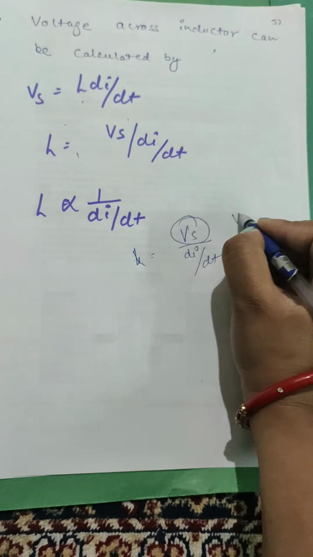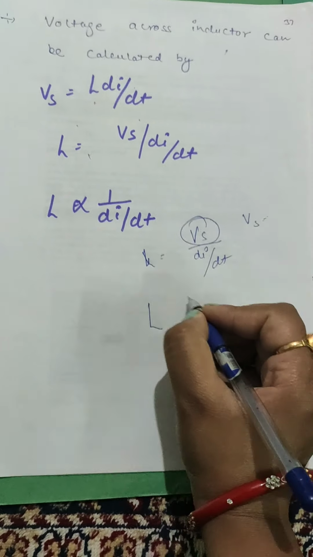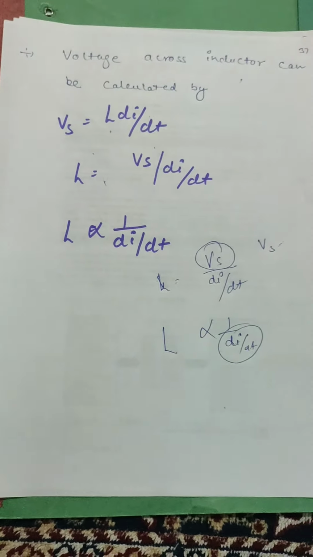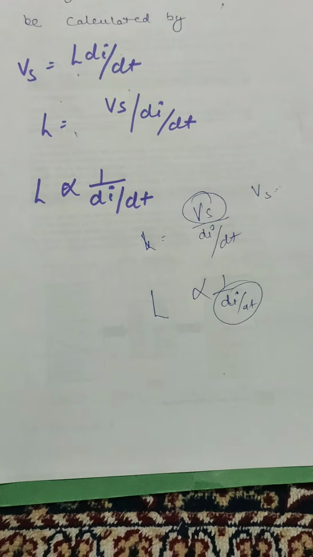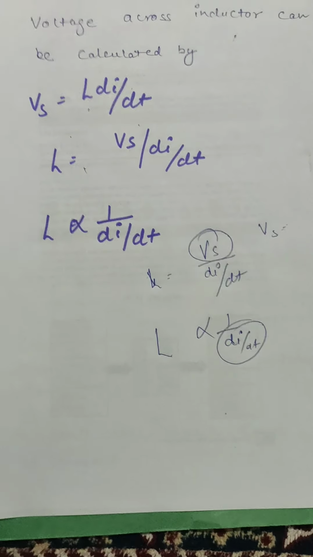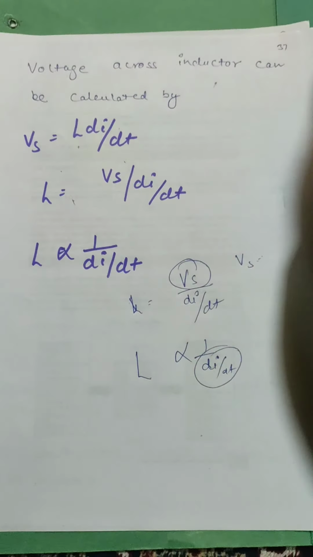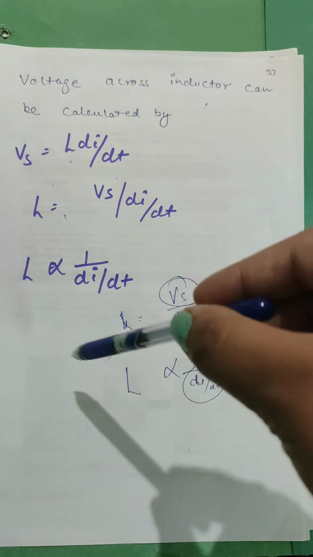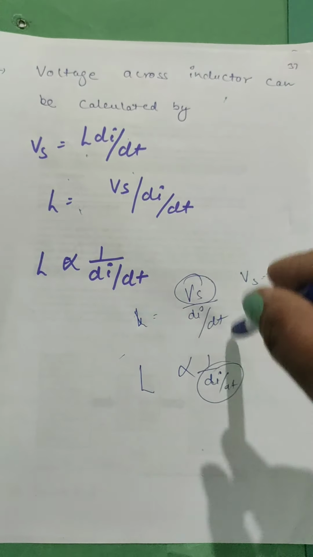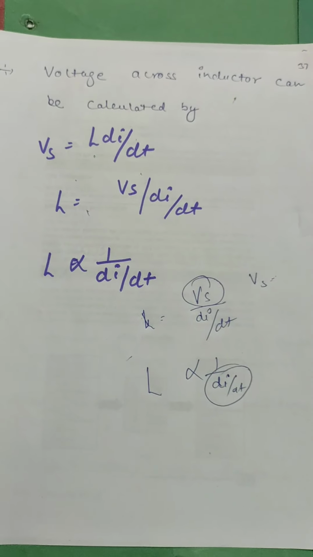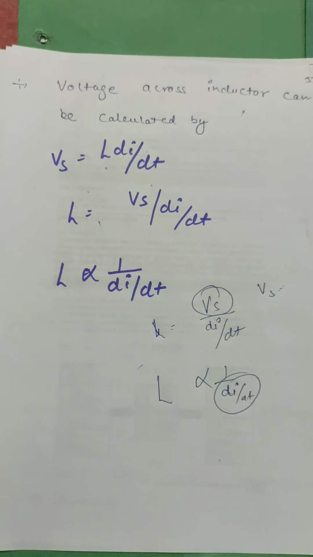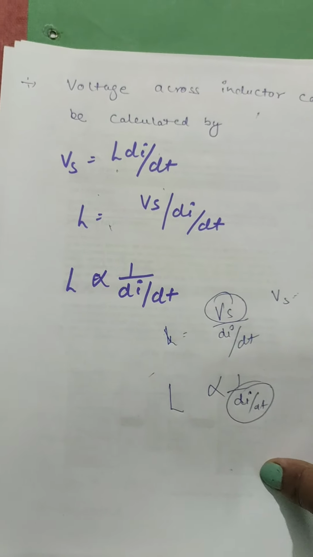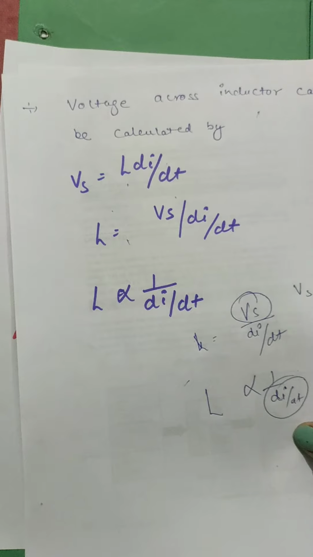If we say Vs is constant, so L is inversely proportional to di by dt. It means rate of change of current will be inversely proportional to inductor. If inductance increases, rate of change of current decreases. So it will protect from the hot spot. So inductor is connected for the di by dt protection.